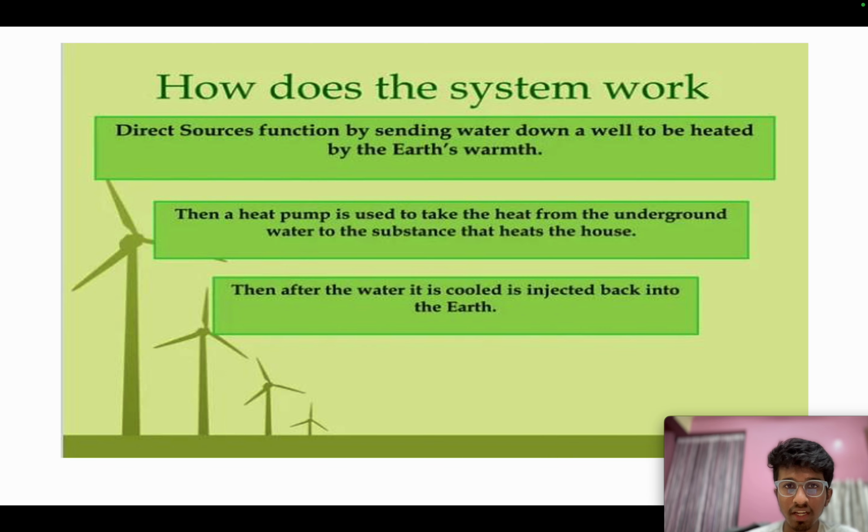So how does this system work? Basically, there is a streamlined process for this. How the direct source works is that we send water down a well to be heated by the earth's warmth.